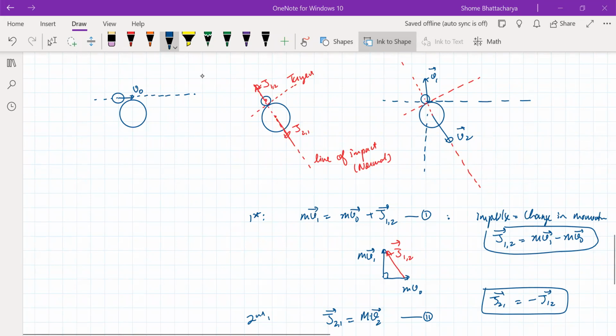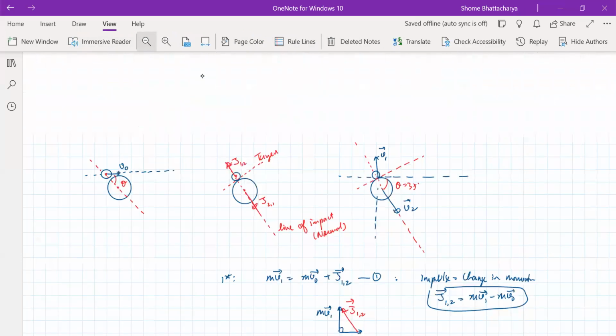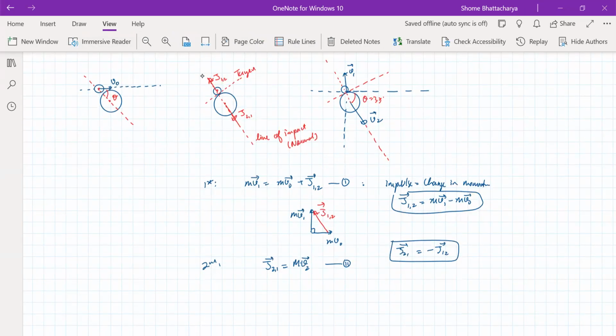This angle actually is given to us indirectly, because the direction of V2 is given. This angle theta is 37, so this angle is known to us. That is what we have to use in the approach and separation velocity also. Make sure you understand this diagram. Now we'll talk about approach and separation velocity.